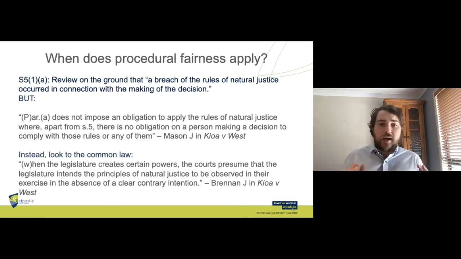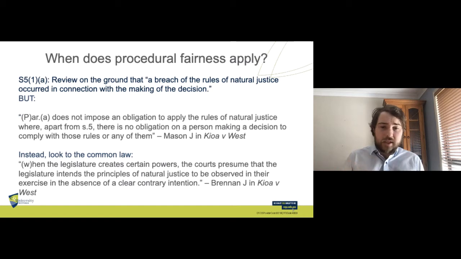Let's think about the circumstances under which procedural fairness will apply. And as I've said, this is provided for under the Administrative Decisions Judicial Review Act. Section 5(1)(a) provides for a review on the ground that a breach of the rules of natural justice has occurred in connection with the making of a decision. But there's a bit of a catch.